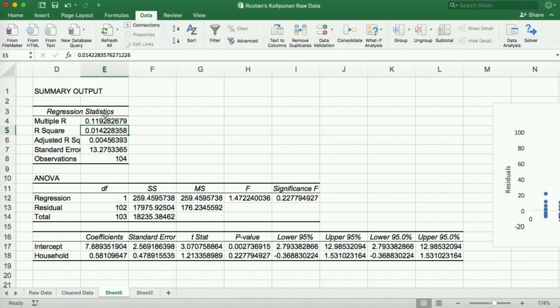Again, these are very low values because, as shown earlier, the slopes are not statistically significant, which naturally produces low values for these. So these values again verify our conclusion that there seems to be no strong linear relationship between number of people in the household and the number of items bought.